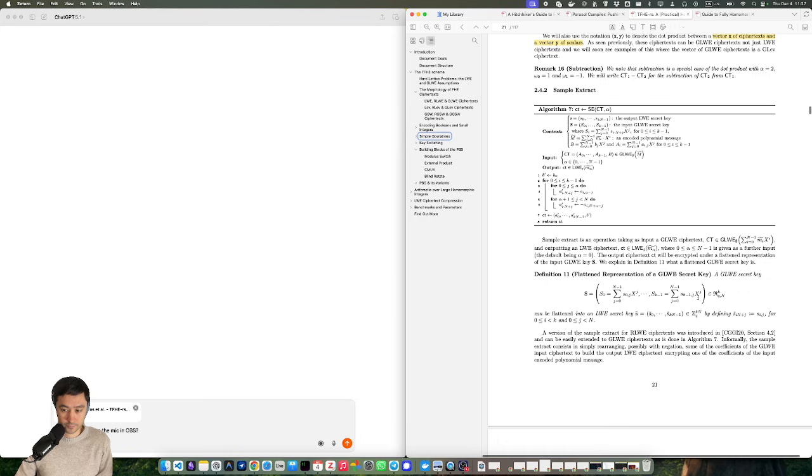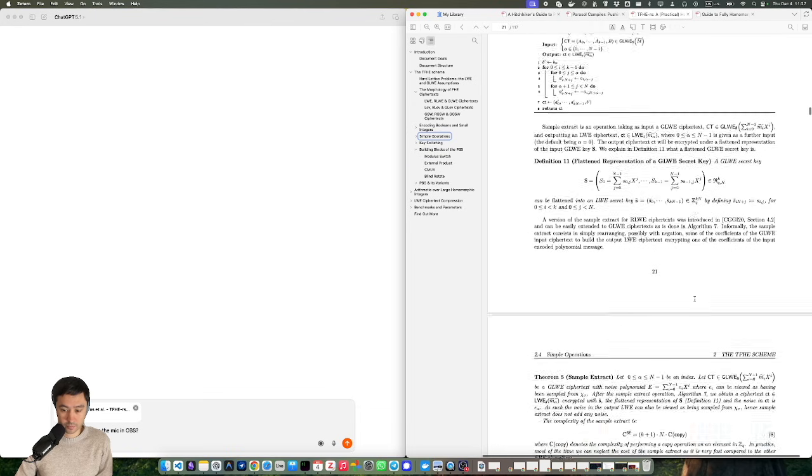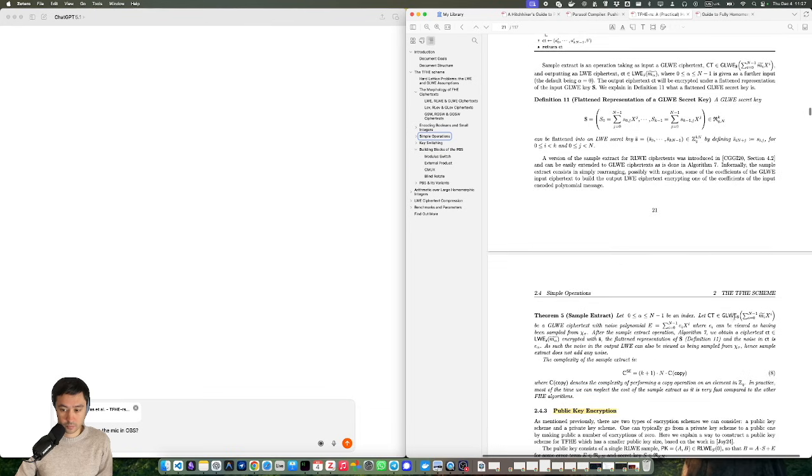Sure, yeah. That's what we said. So we have a GLWE ciphertext, and it's the encryption of a polynomial. That makes sense. An RLWE element. Does it make sense? I don't know. I'm getting very confused with all these representations.